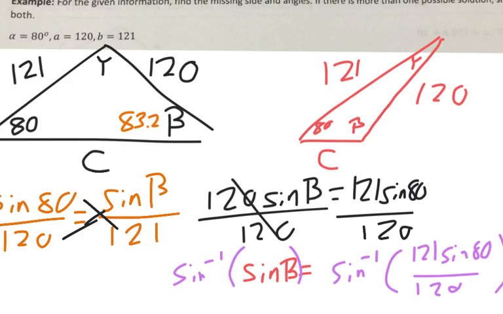So I'm just going to go 83.2 here. So now, using everything we just talked about, if I have 83.2 as a possibility in the first quadrant, what's the possibility for beta in the second quadrant? 96.8. Does everyone know how to get that answer?